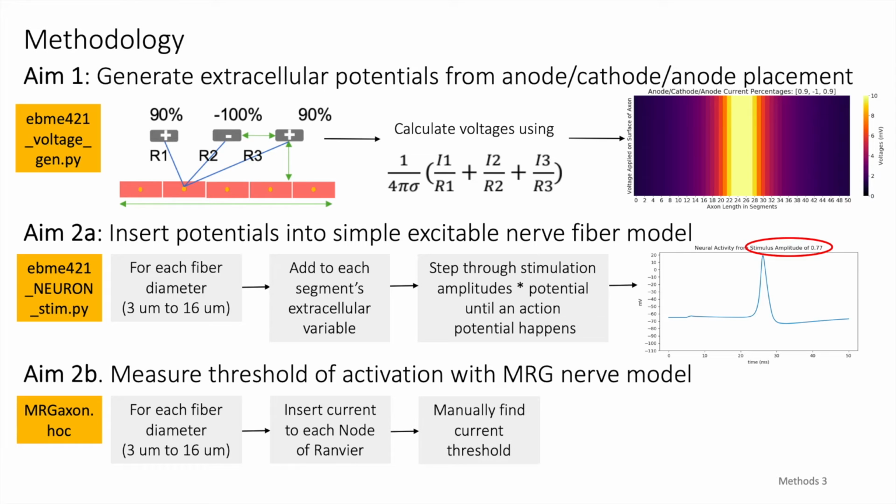Additionally, we had to find the manual threshold because of the interaction between the MRG model and our software. We had difficulty automatically looping, so we would manually find the thresholds, and that was how we got these results.